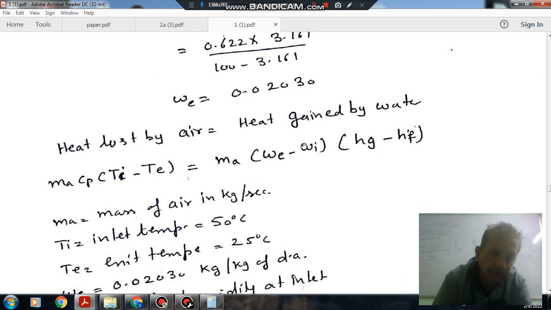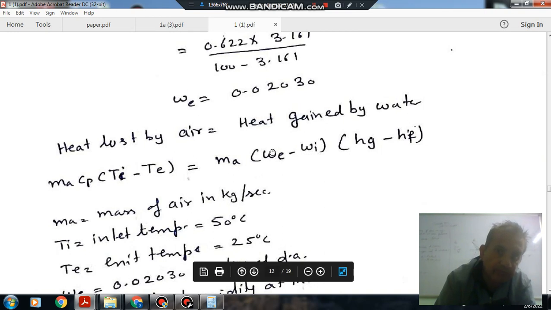Because liquid has been added to it, its specific humidity will increase. So this is the water vapor added per kilogram of dry air, and this is the mass of dry air. So m a into omega E minus omega I is the mass of water vapor added in the dry air.